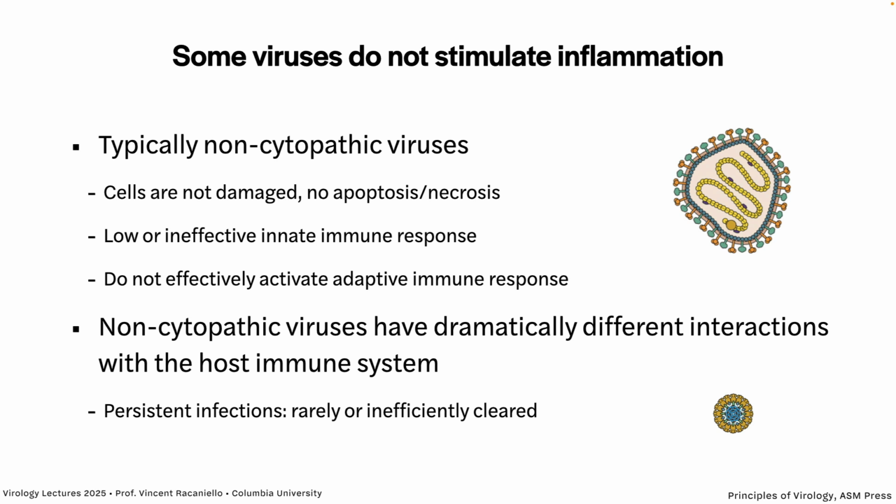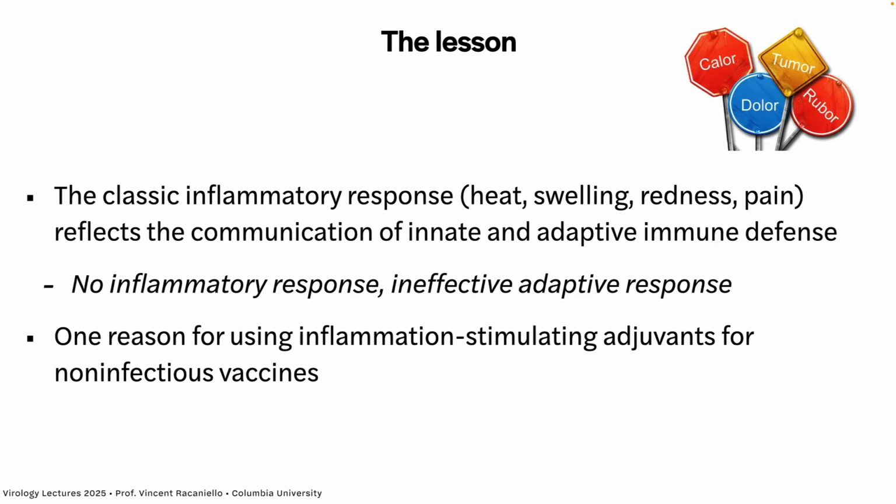All right, so we're going to talk about acute and persistent infections later. The acute infections are done by viruses that kill cells and initiate a great adaptive response, and the persistent infections are ones that do not. So here's the lesson from this.